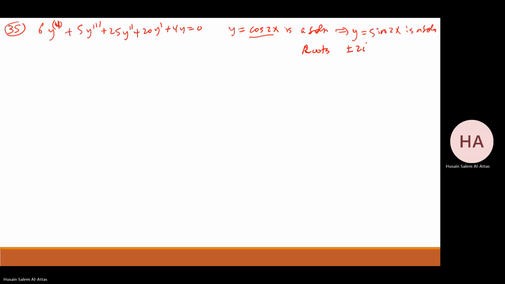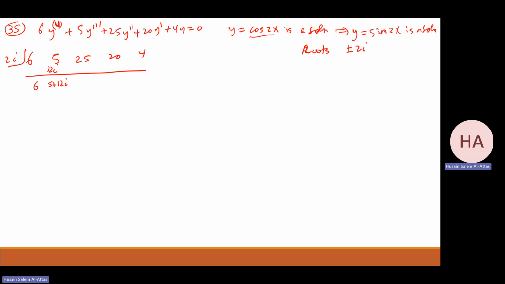Okay. Now what I will do, I'm going to do the long division, or synthetic division, for 2i and minus 2i. Okay, so I have 6, 5, 25, 24. I'll do it with 2i, getting that 6 is 12i, 5 plus 12i, be careful now.